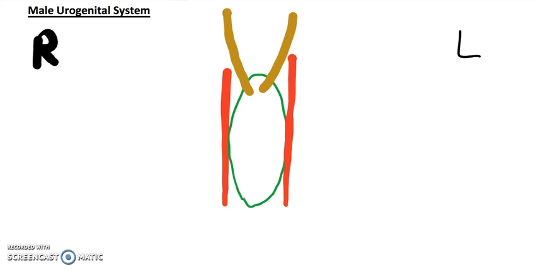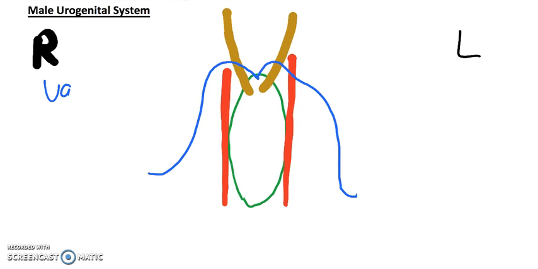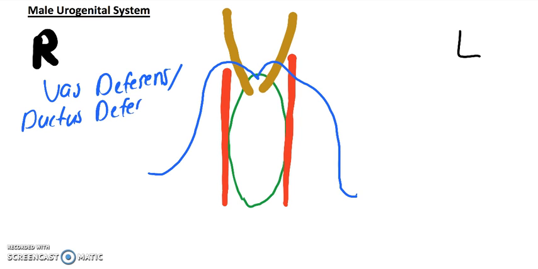Okay, new structure. It goes kind of underneath the bladder, and it looks like a seat belt if you were to pull on the bladder. We call this the vas deferens, and it goes behind the bladder like so. So this is the vas deferens, also known as the ductus deferens.